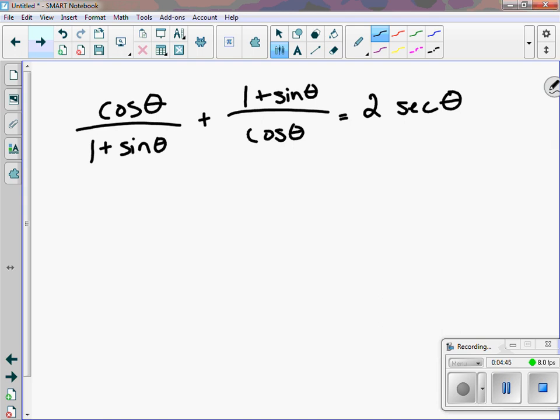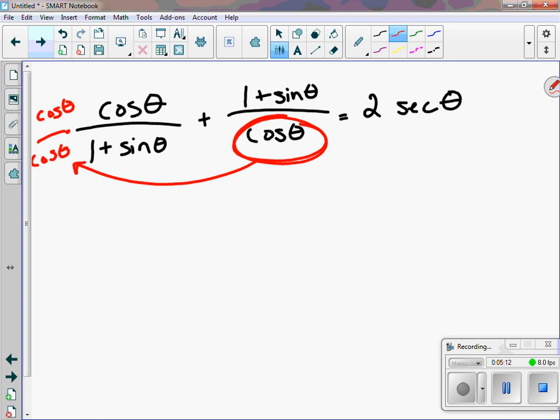All right, so dealing with fractions. Fractions, I know if I'm adding fractions or subtracting fractions, that I have to have my denominator to be the same. So what I'm going to do here, the left side here is going to get multiplied by cosine theta over cosine theta. Because this here was a cosine, so that had to be transferred over there.